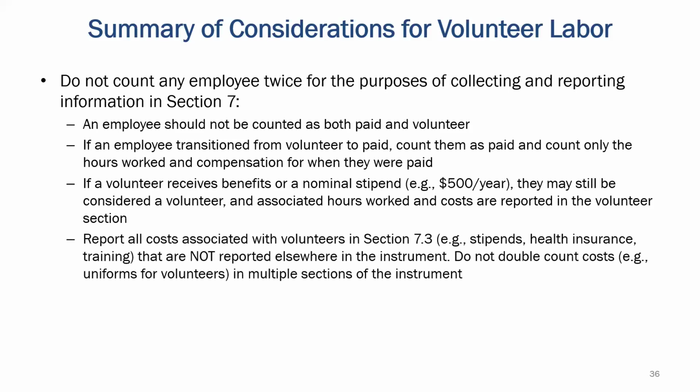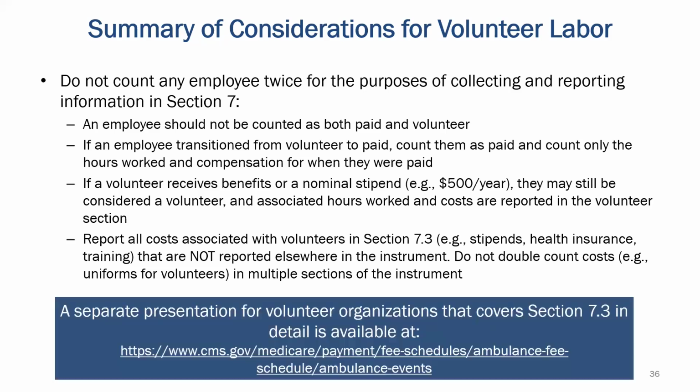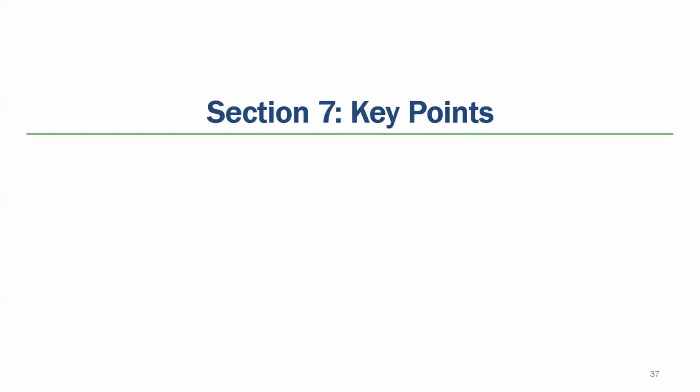And as much as you can in section 7.3, any kinds of benefits or forms of compensation that volunteers get, if they're categorized as volunteers, should be fit in that dollar amount at the end of section 7.3. There's a separate presentation on volunteer organizations that covers section 7.3 in more detail, and you can find that at the same URL we had up on one of the first slides on Medicare's GADCS website.